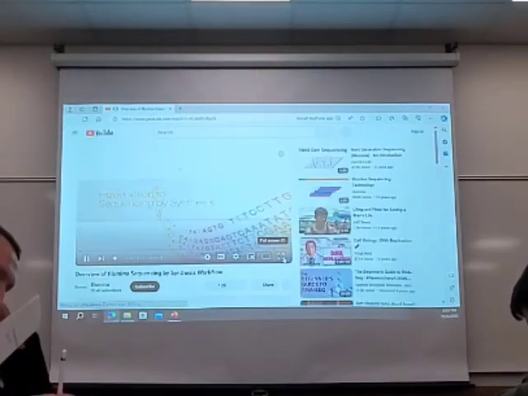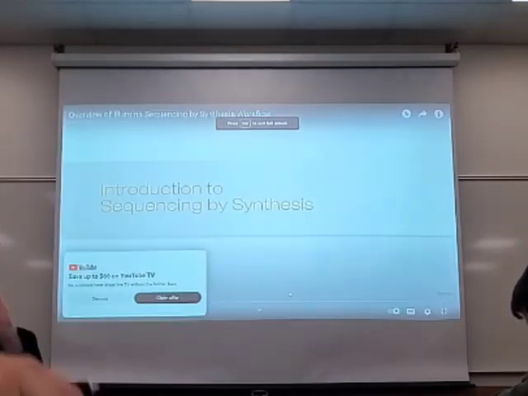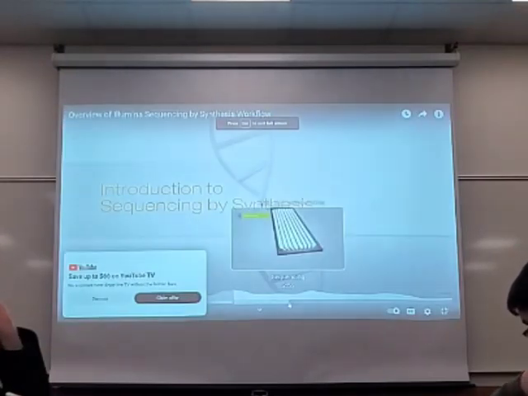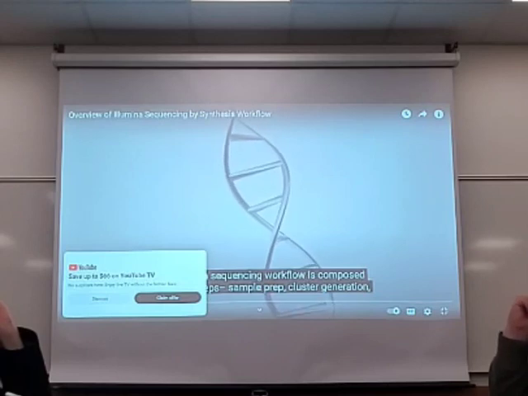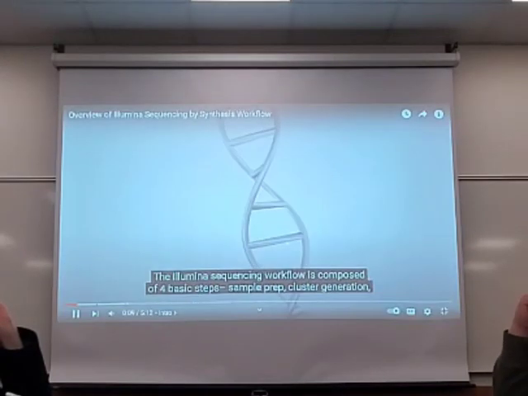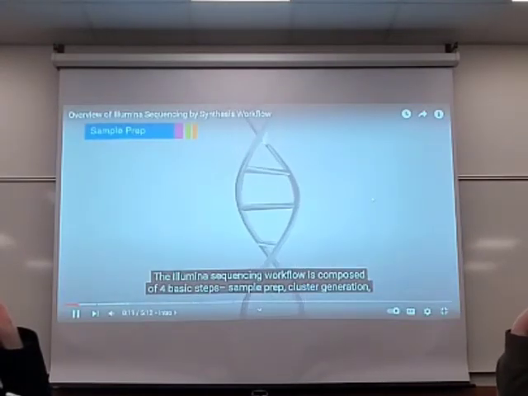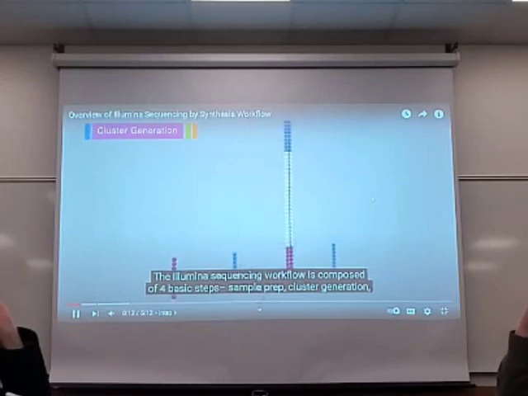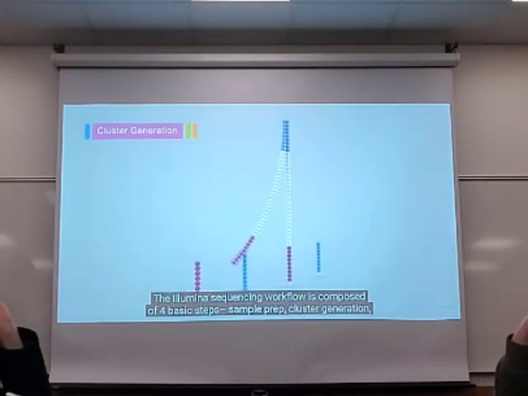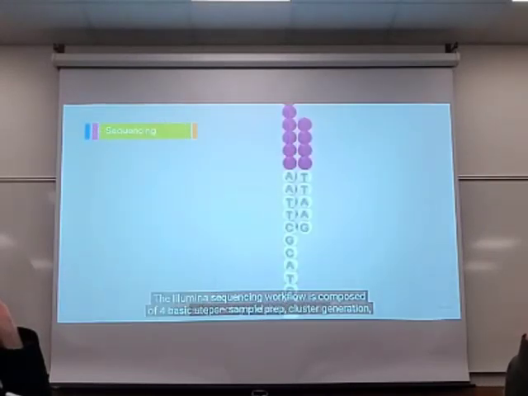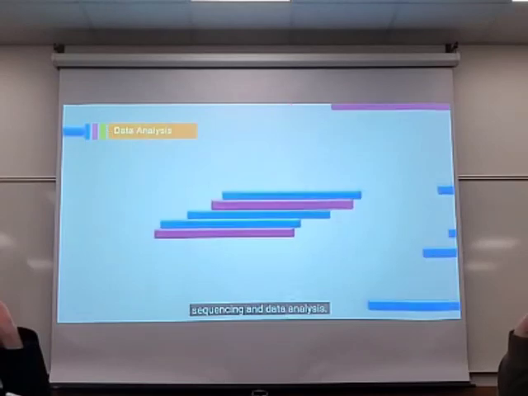This is the most popular platform, one that we have out there now. The Illumina sequencing workflow is composed of 4 basic steps: sample prep, cluster generation, sequencing, and data analysis.